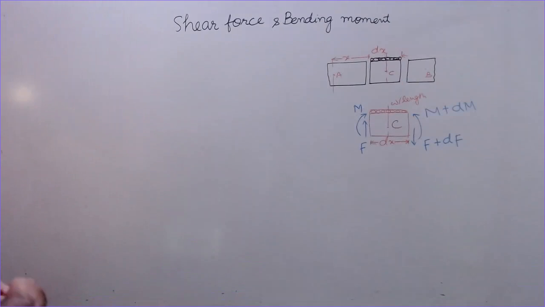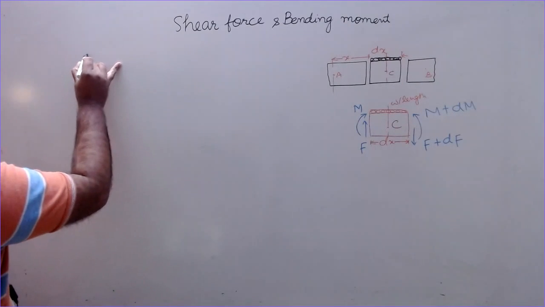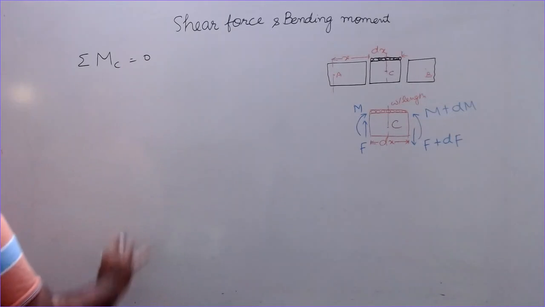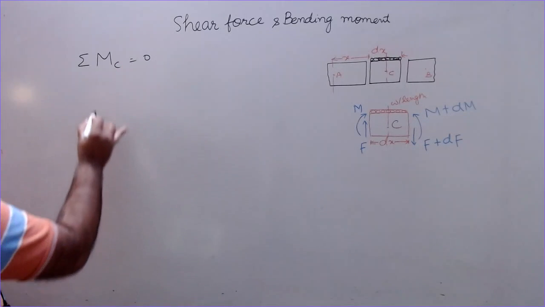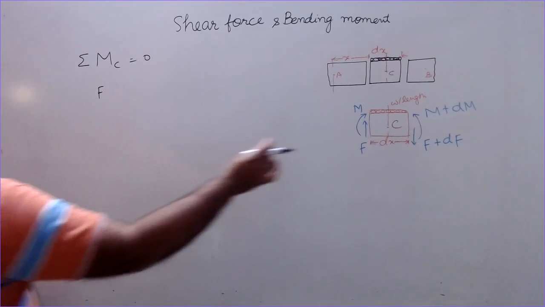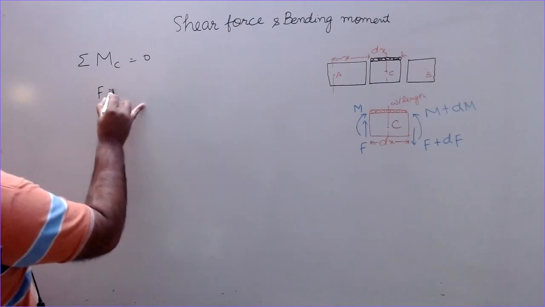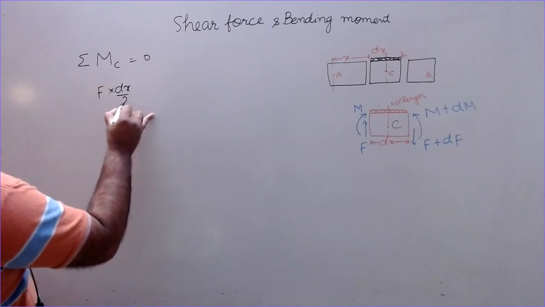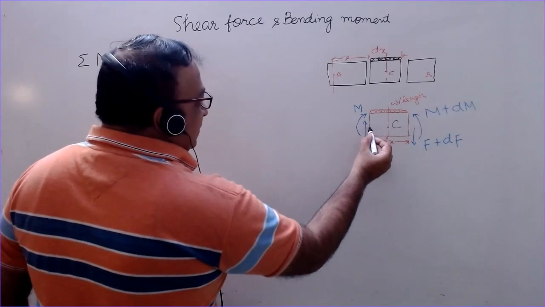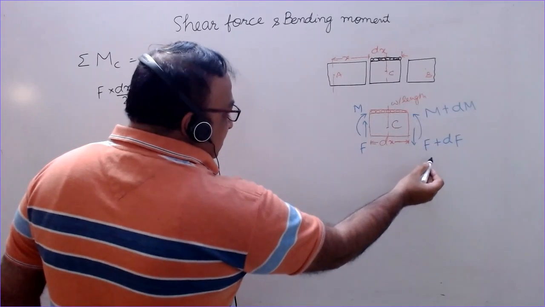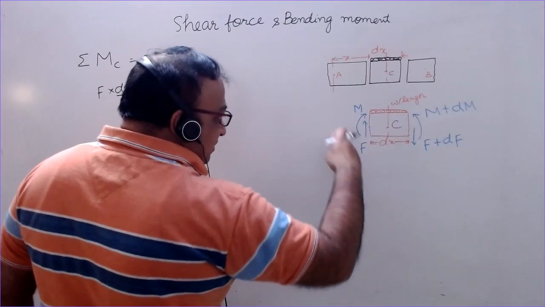So if I take the moment about point C, then sigma of M about C is 0. This gives us the moment of F about this in the clockwise direction. Let us take this as positive, into dx by 2. The distance from C to here is dx by 2, and this F plus dF is also in the same direction, clockwise.